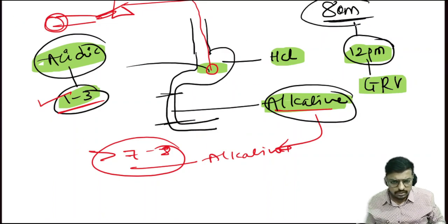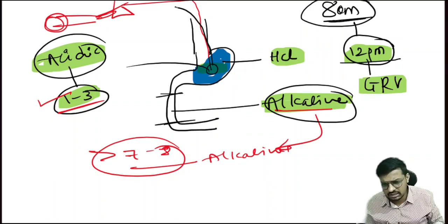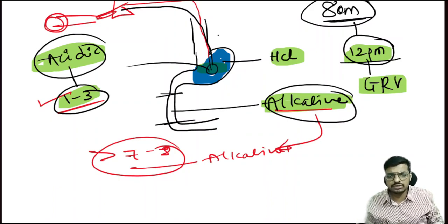If you have given the 8 a.m. feed, at that time the stomach is completely full. Now I want to give the next feeding at 12, which means I have to aspirate the gastric content back and check how much volume is remaining.